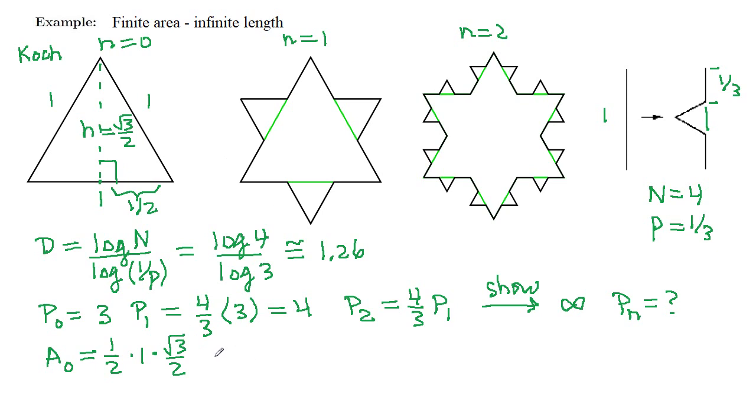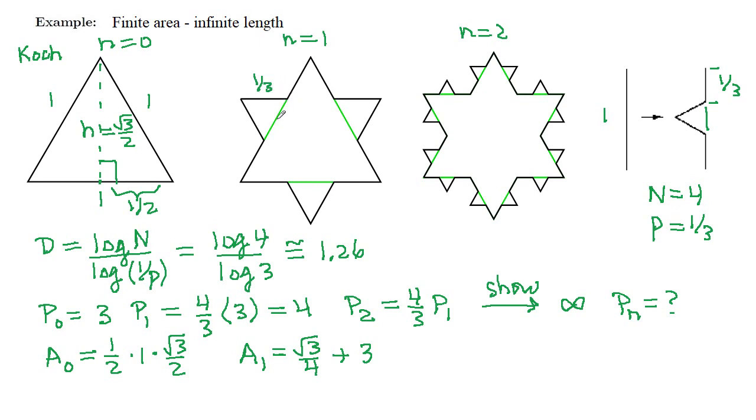And then for A1, the area of part 1, we're going to take that √3 over 4, and then we are going to add on 1, 2, 3 rectangles, I'm sorry, 3 triangles. And each one of them has a side length of 1/3.